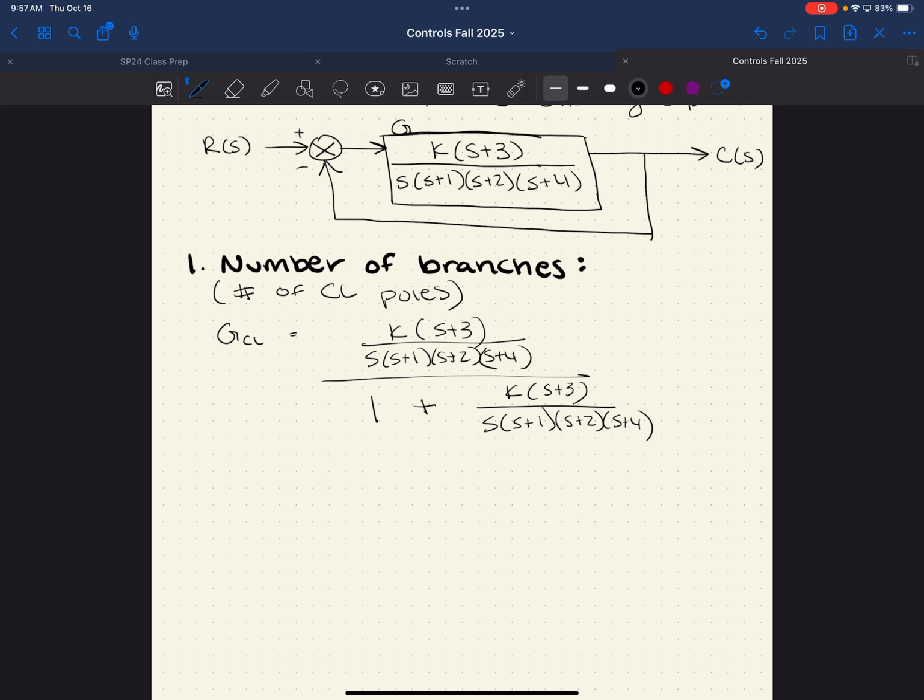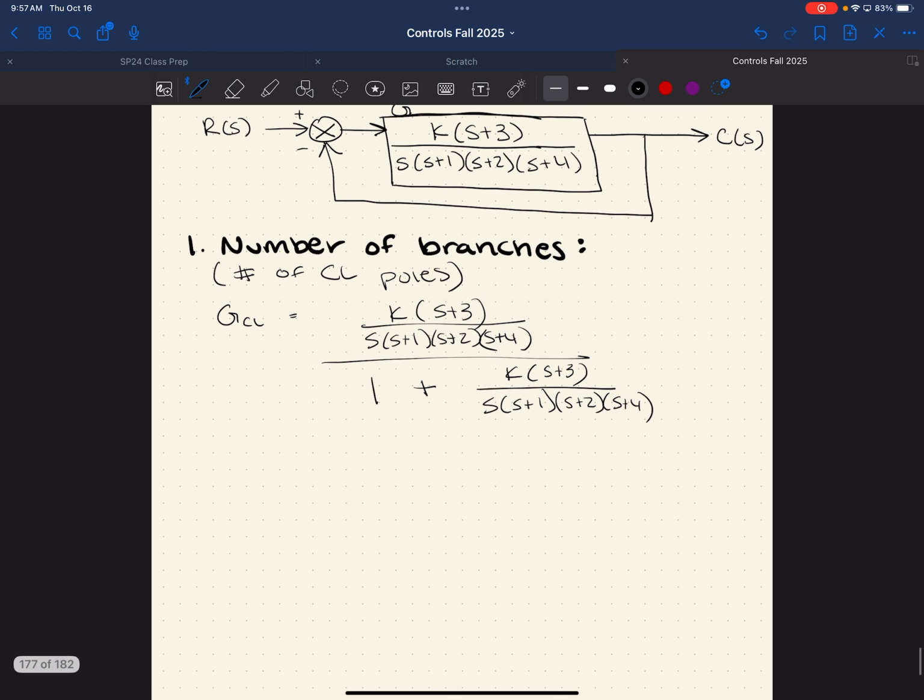Okay, and friends don't let friends leave fractions in the denominator, so I can multiply by this thing on the bottom, this thing on the bottom. S plus, that's not nearly enough room.